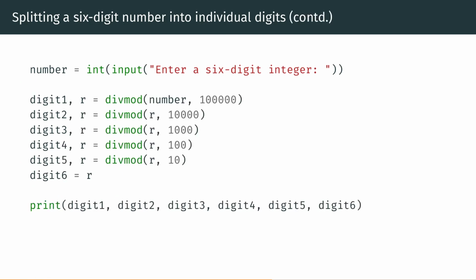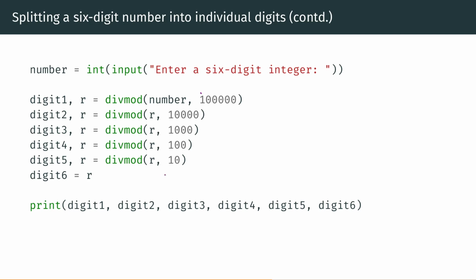It becomes like this. Now what's happening here is we are given a 6-digit number, and we are iteratively dividing it by smaller and smaller values, making it smaller and smaller and extracting each of the digits starting from the leftmost digit.